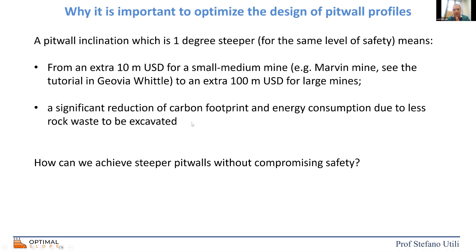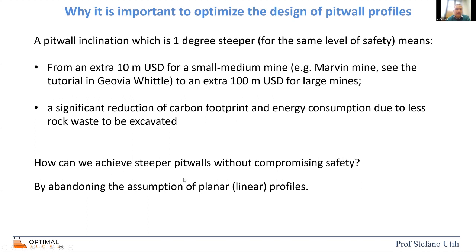There is a little example that I give. Whittle is basically a pit optimizer, what is called strategic mine planning. There is a tutorial where if you just change the steepness by 1 degree, you get an extra 10 million.